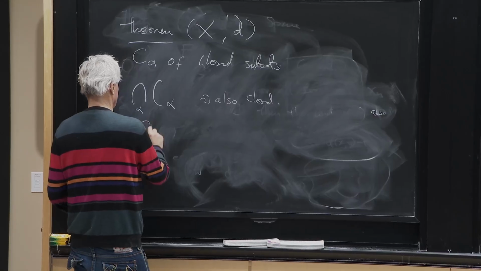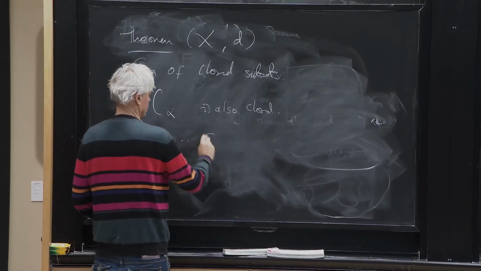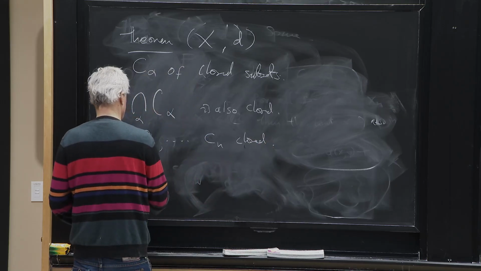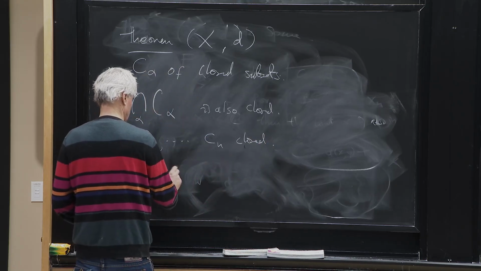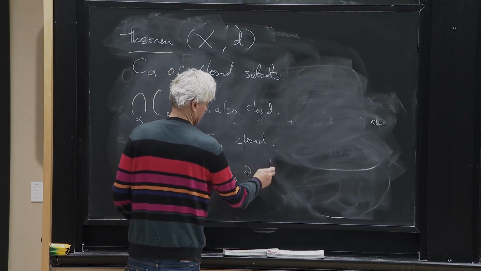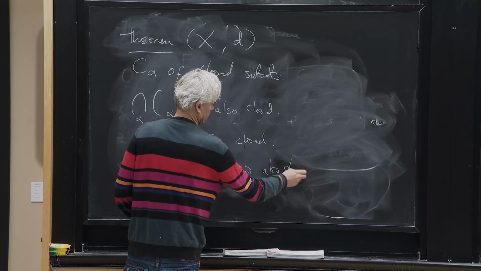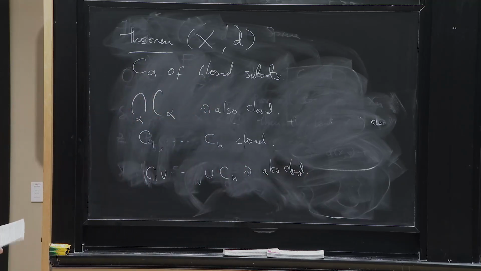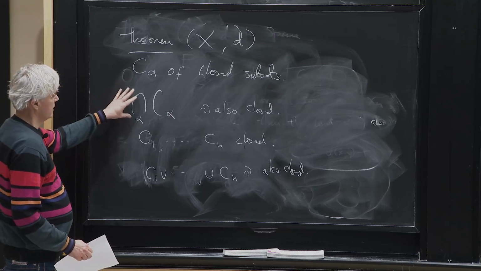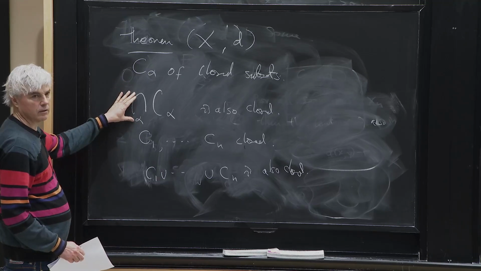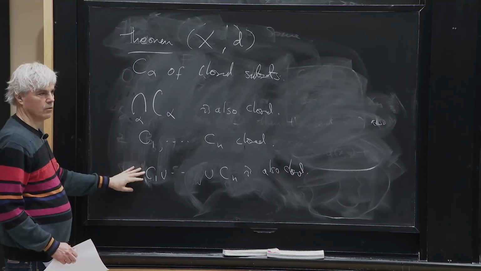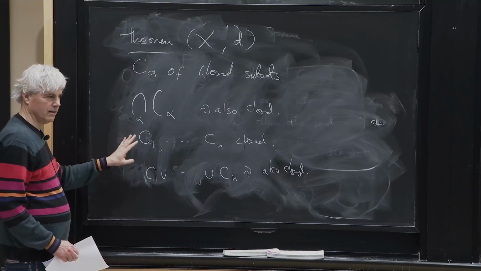And if you have just finitely many closed subsets, then the union of finitely many closed subsets is also closed. Right, and so here it's exactly the opposite of open sets: you can take any intersection and it's still closed, but if you take a union, you can only do it for finitely many. So this is exactly the opposite.